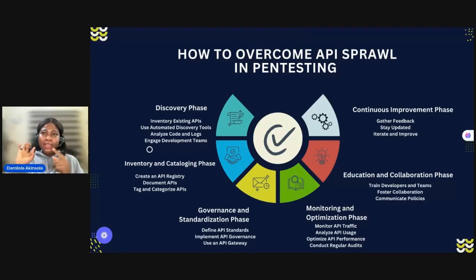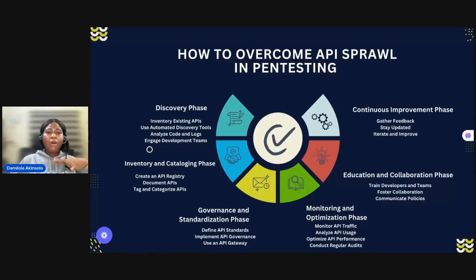You might see me looking at my screen here because I have some tools that I really want to be accurate on. So okay, the first thing you want to do, of course, is to discover your APIs. You want to start from the known to the unknown. So, what APIs are currently existing in your environment?